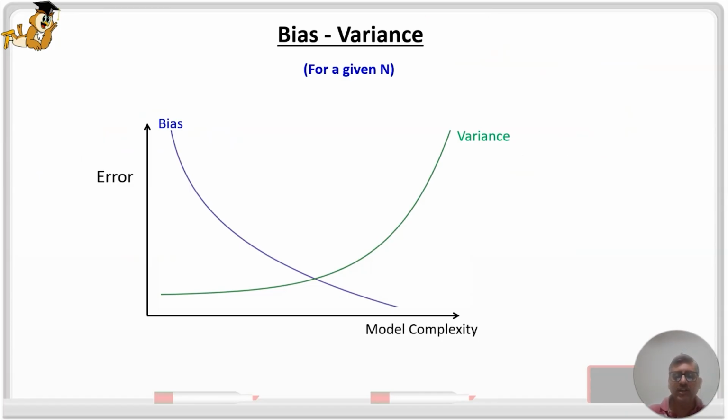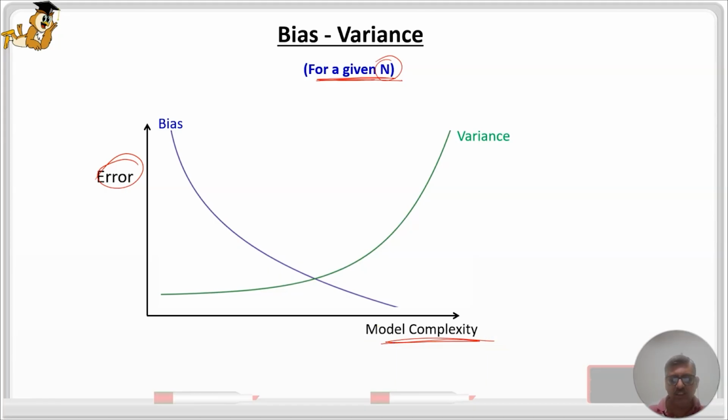What we have plotted here is a bias variance curve for a given n. So for a given size of training data, n samples, what we have done is plotted the error on the y-axis against the model complexity.